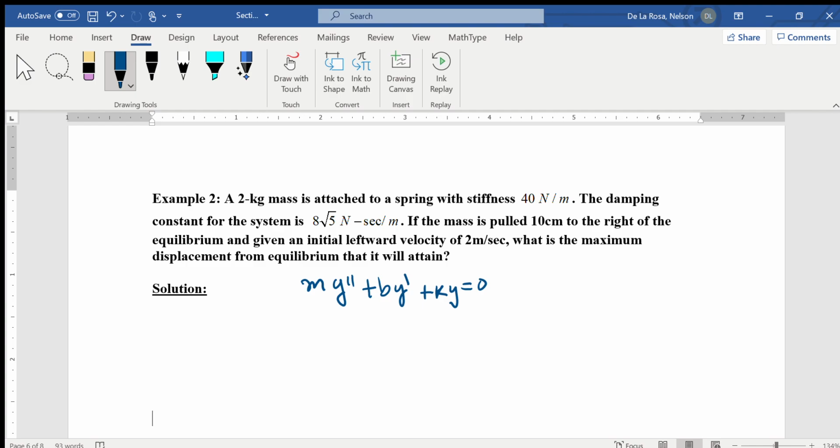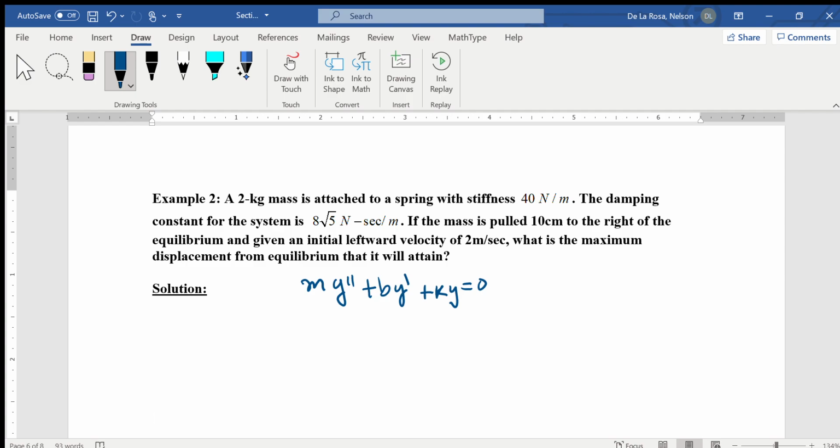It is important to recall that k is the spring constant and b is the damping coefficient.